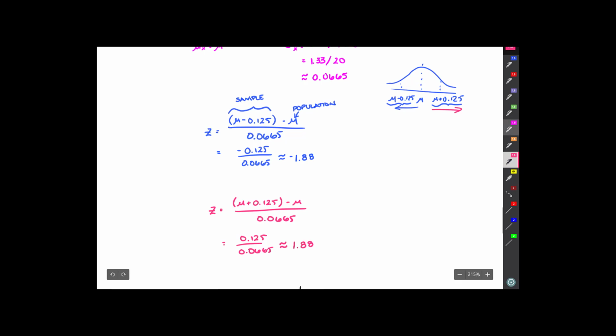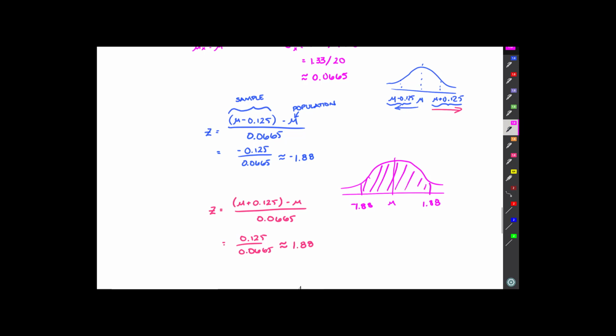So again, going back to just a standard normal curve, we are looking for the area that lies between negative 1.88 and positive 1.88.